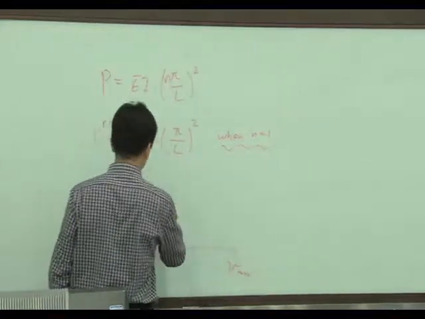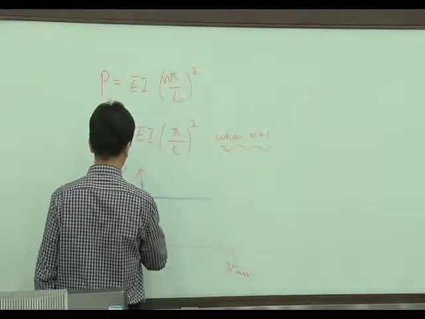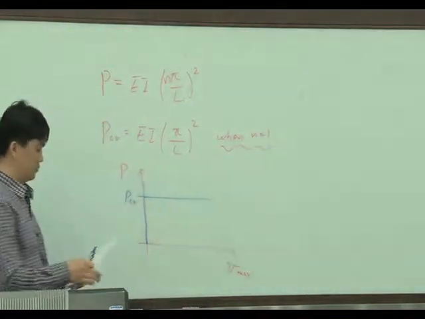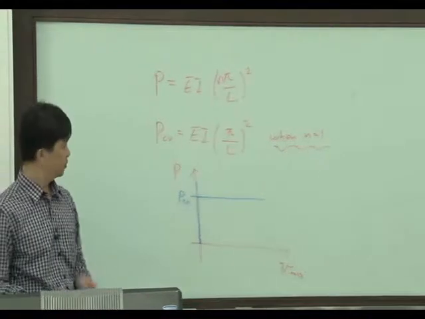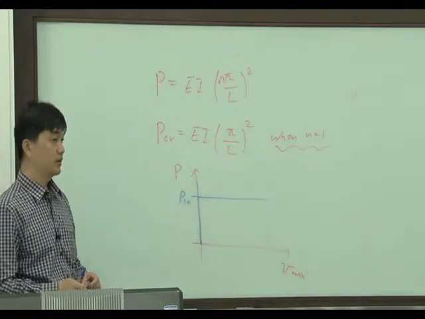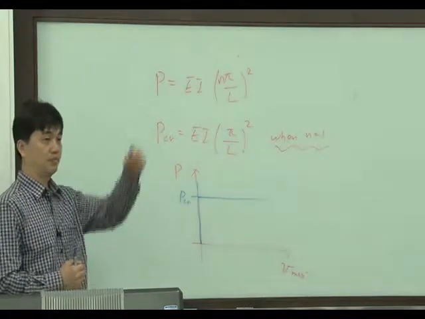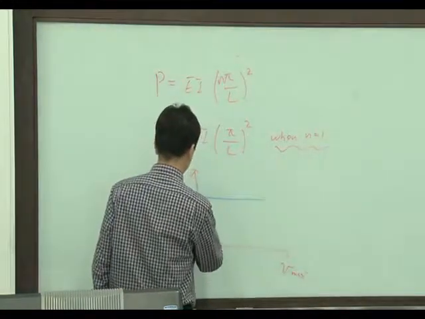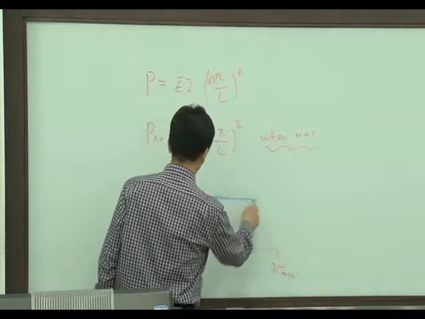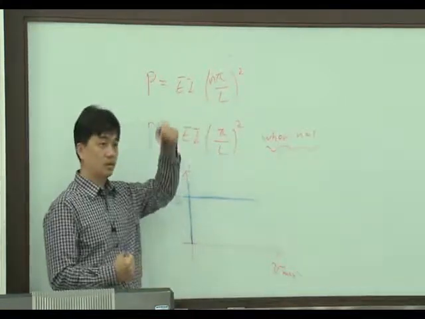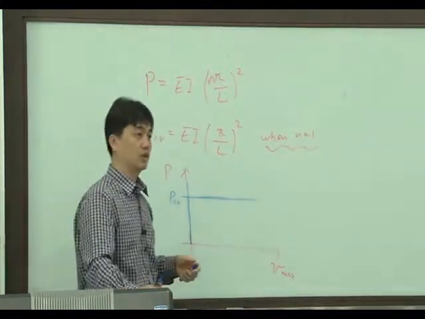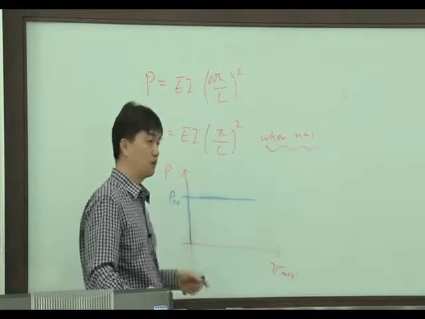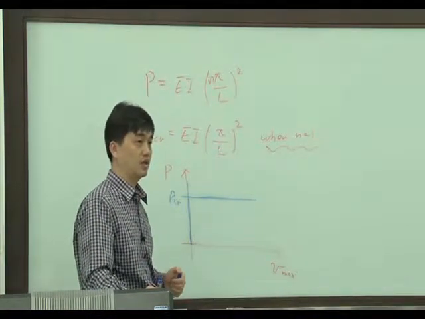And the second one is this one here also. This is PCR. So a beam column loses stability when the compressive load is bigger than the buckling load PCR.